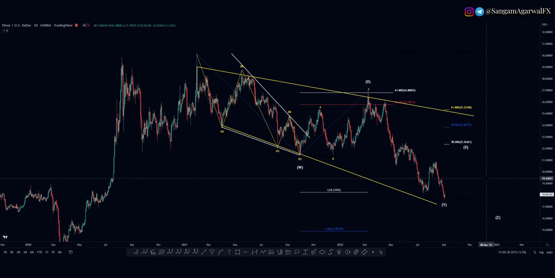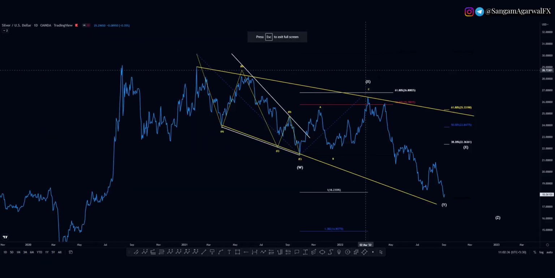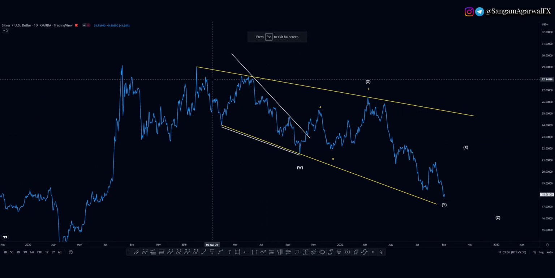It is not clear on candlestick chart, but when you switch to line chart, then everything is clear. Then you can see we have this yellow chart pattern, the expanding triangle pattern, wave W, then sideways correction, wave X, then wave Y, and this Y wave can test lower trend line.